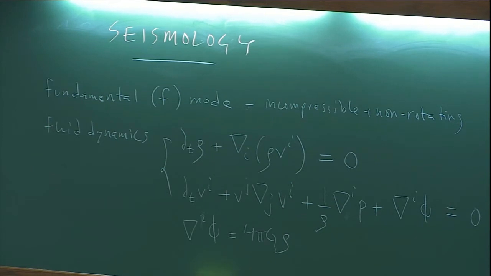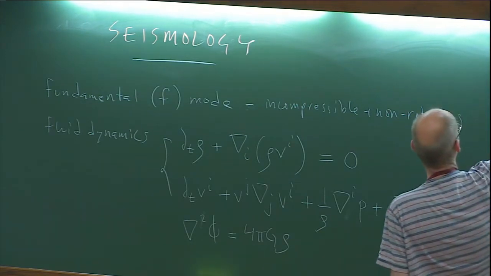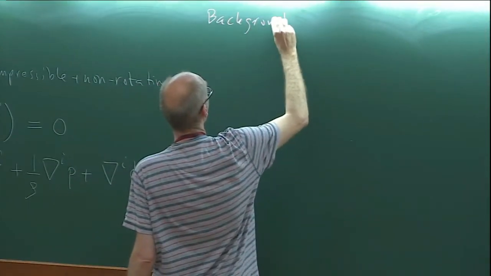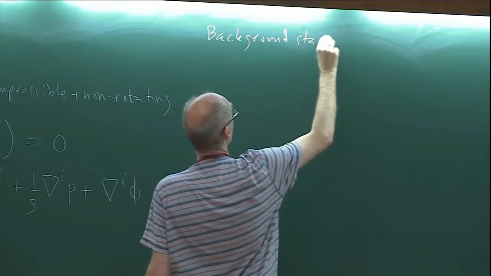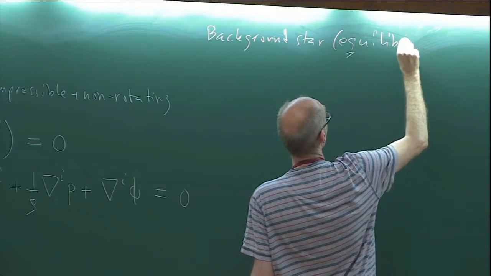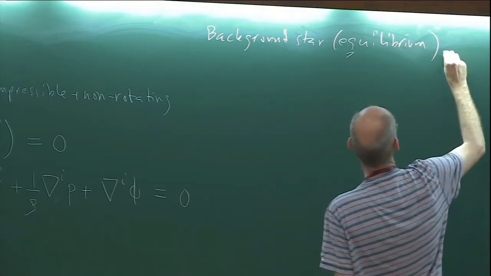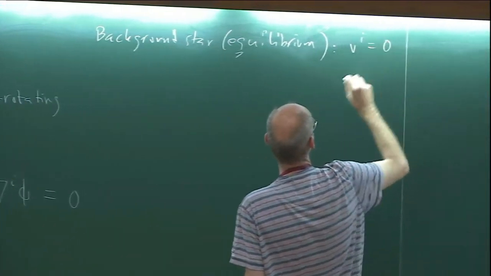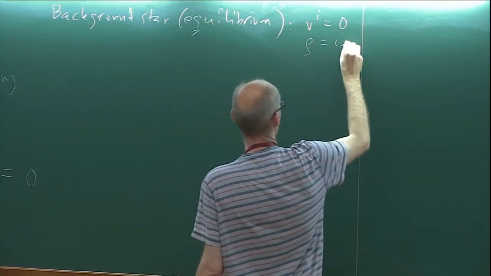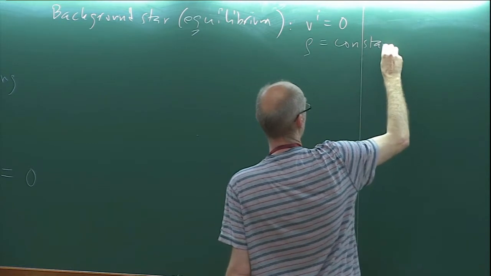But now, what I want to do is I want to ask, what happens if I kick this object, but I take a background star, if you like, which in some sense is my equilibrium, which has no velocity, just sitting there, and it has uniform density.